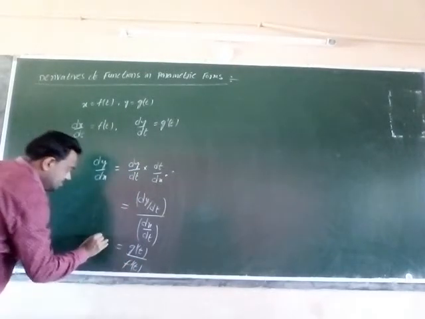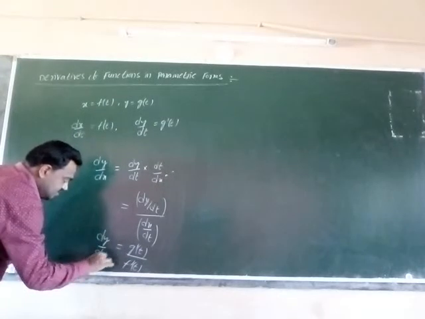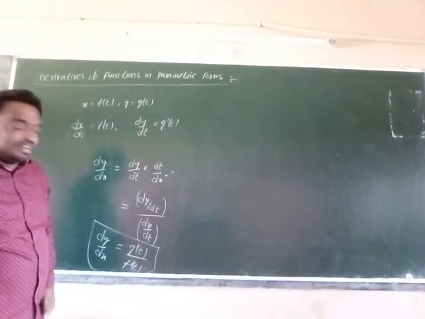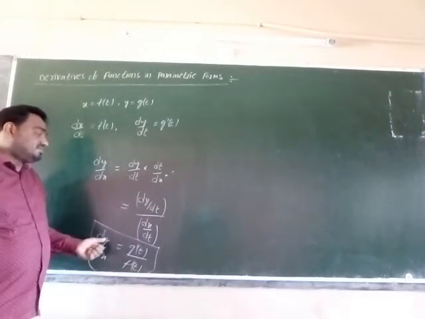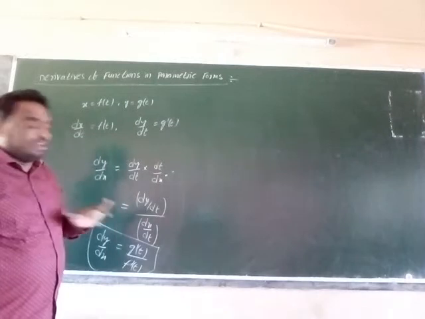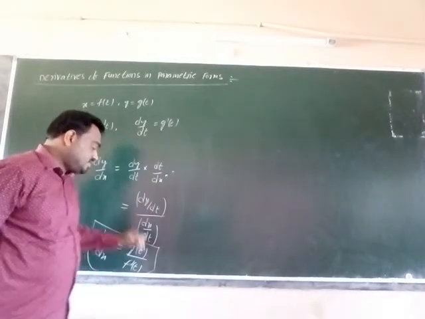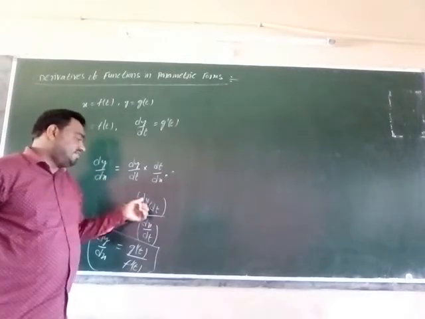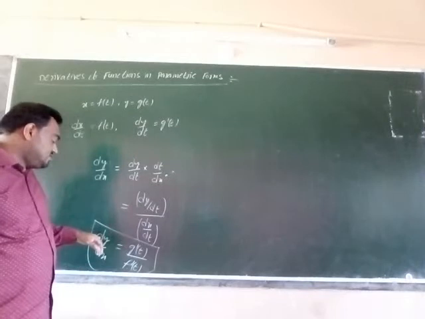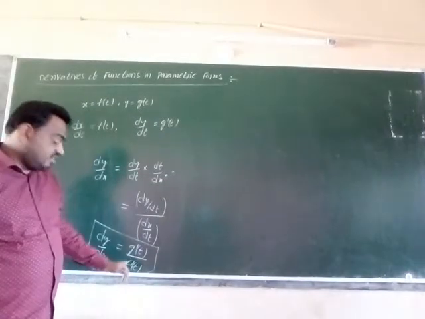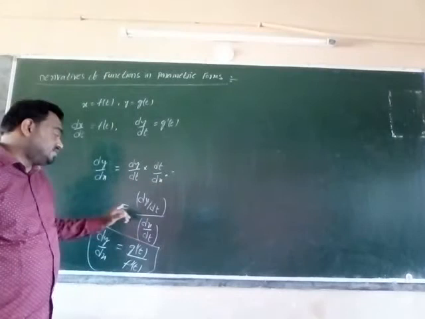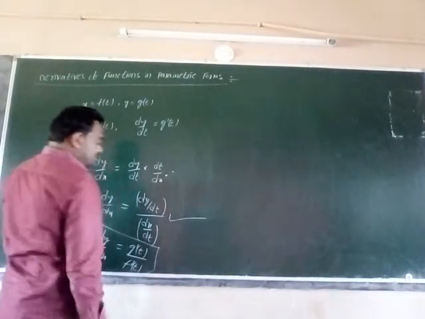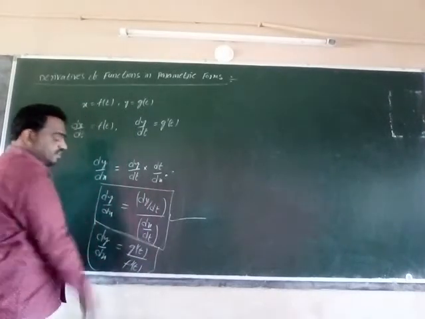This is the derivative of parametric equations: dy by dx equals dy by dt by dx by dt, otherwise the derivative of g by the derivative of f. Especially remember this one. In most problems we use this step only, so remember this formula.